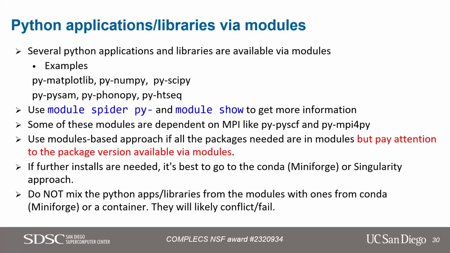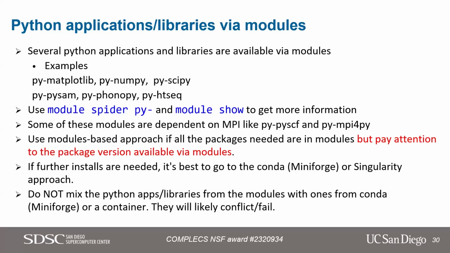are also available via the environment modules. We already installed those applications and the libraries system-wide, and made the modules available to our Expanse users. Those modules begin with py, which is for Python.